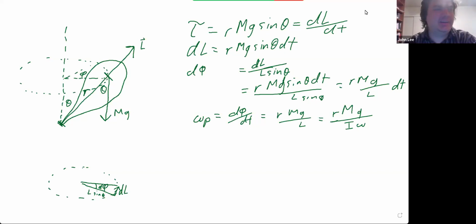It's going to start moving around in a circle around its initial axis.